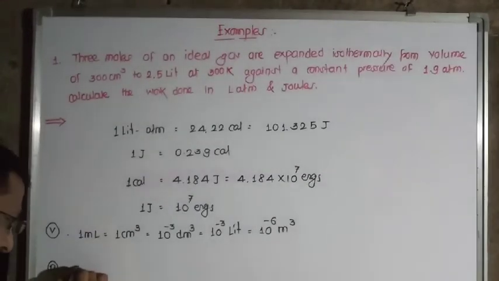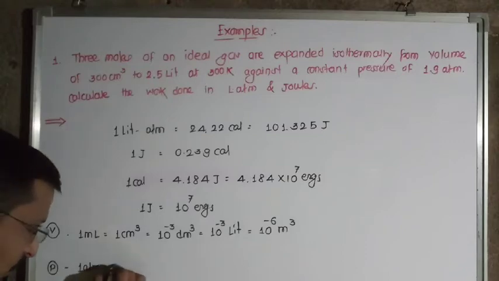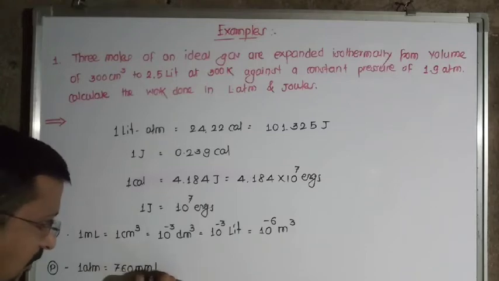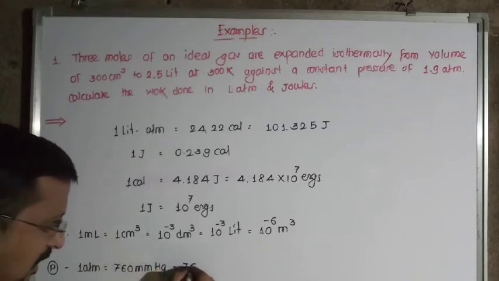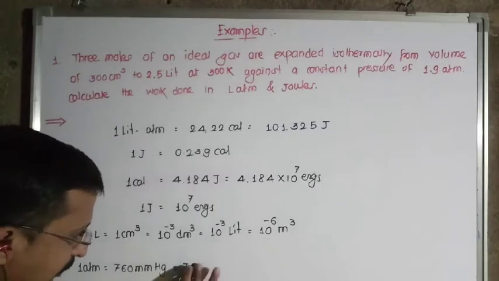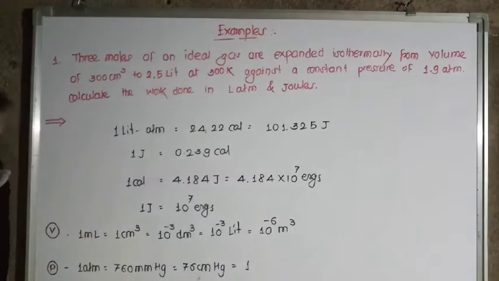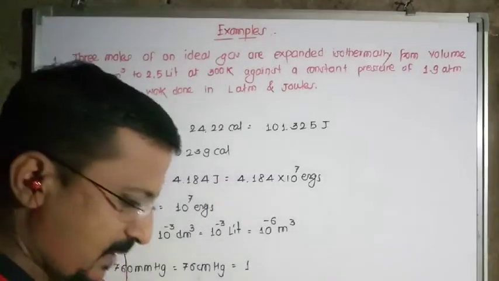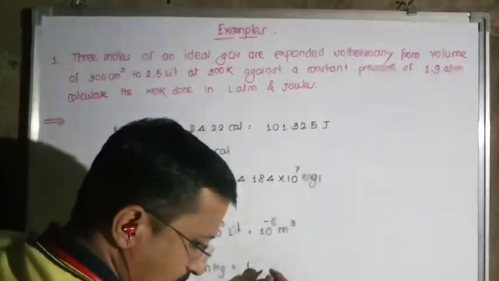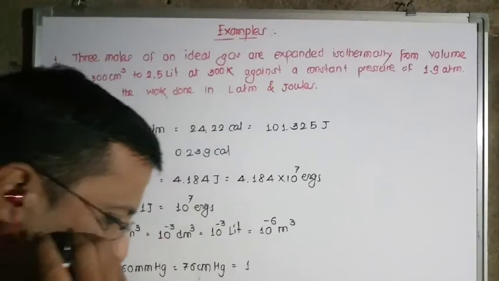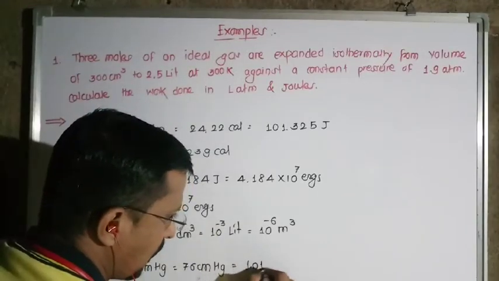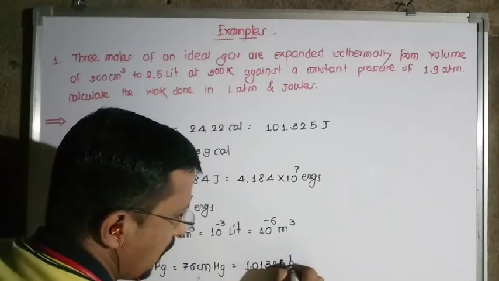For the pressure unit, 1 atmosphere is equal to 760 millimeter of mercury, which is 76 centimeter of mercury, which in bar is 1.01325 bar.